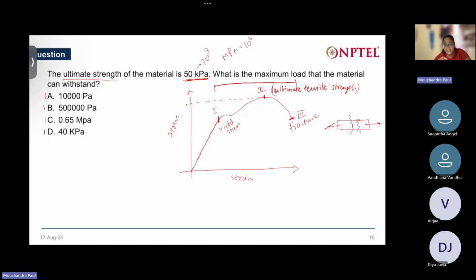It will break much earlier, means it will fracture much earlier. So if we are going to use this material in a load bearing application, we have to ensure that the load that is applied should be less than this value, so that the material functions for a much longer period of time. So which of these values in A, B, and C is lesser than this?